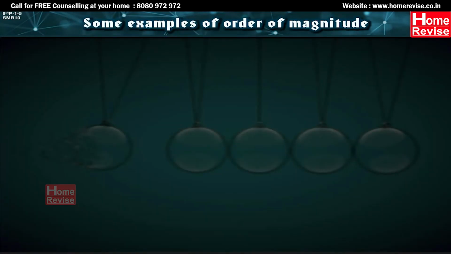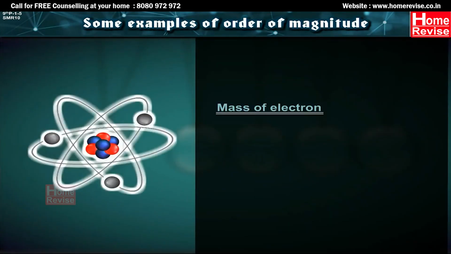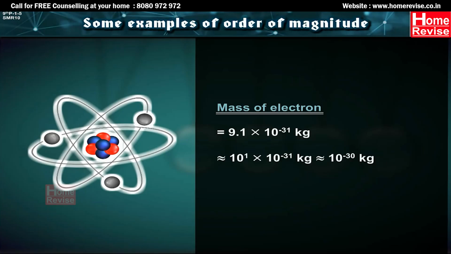Some examples of order of magnitude. Mass of electron is equal to 9.1 into 10 raised to minus 31 kg, which is nearly equal to 10 raised to 1 into 10 raised to minus 31 kg, which is nearly equal to 10 raised to minus 30 kg.